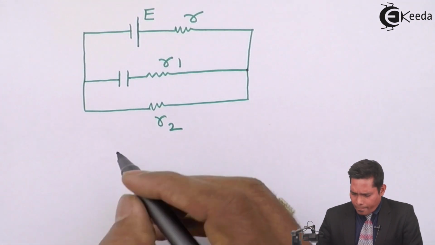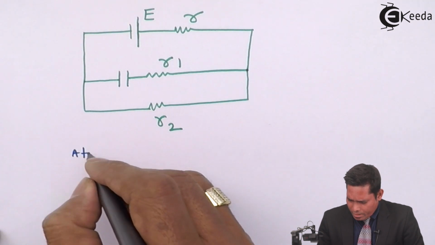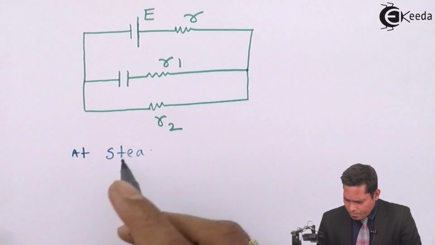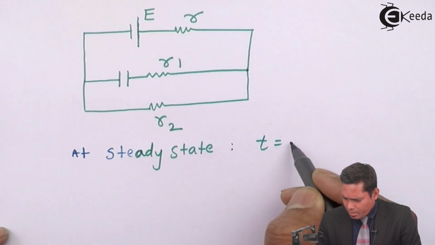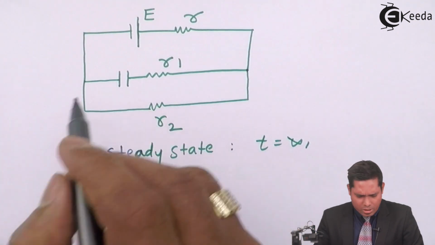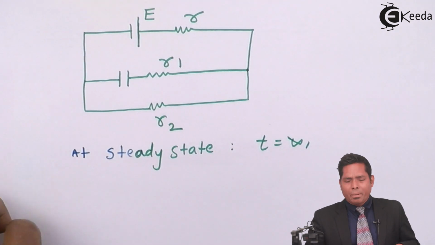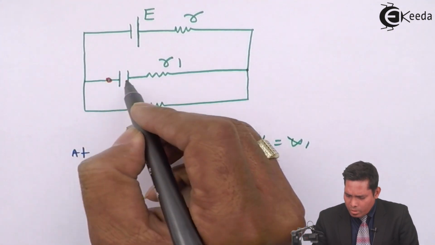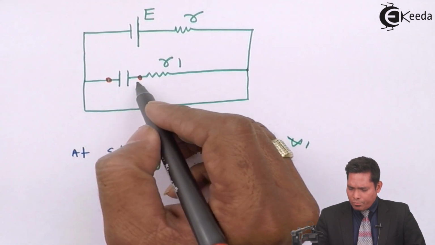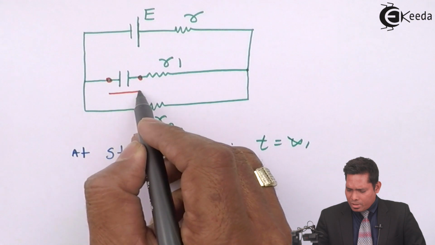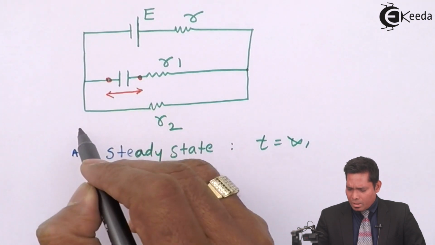Now at steady state, time infinity, this capacitor will behave like an open circuit, so this is disconnected. What is the potential difference across the capacitor?